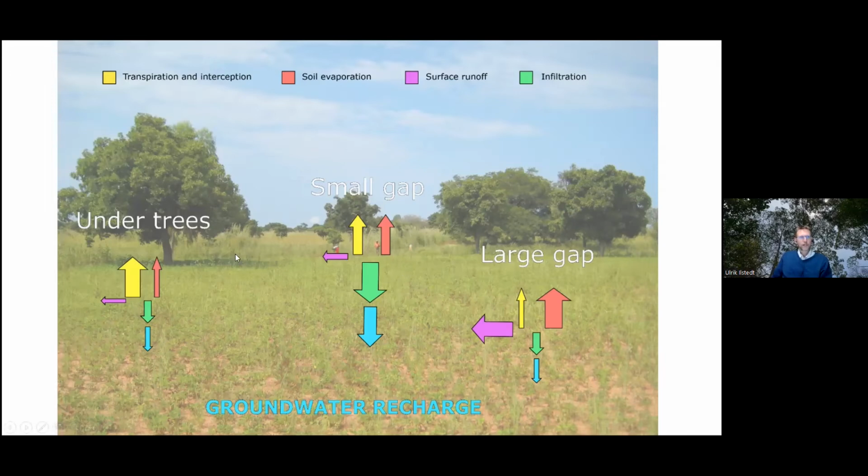When we have full cover of trees, or we are under the trees, then we have little water entering the soil and the groundwater, because it's intercepted by the tree canopies and taken up by tree roots. If we have large gaps, we could also have low groundwater recharge, because instead we have loss through surface runoff.